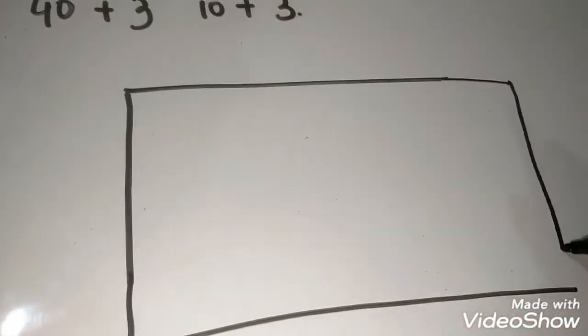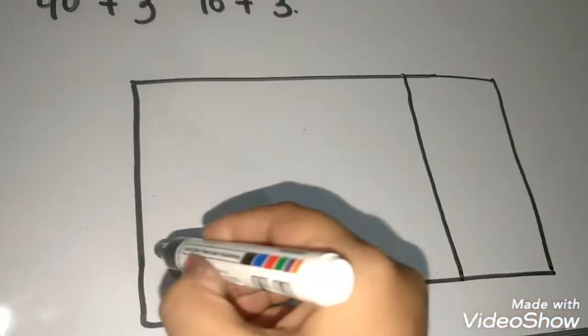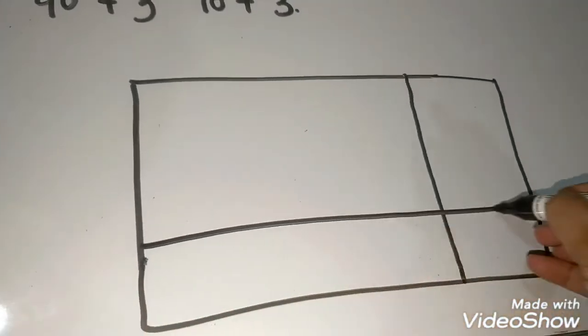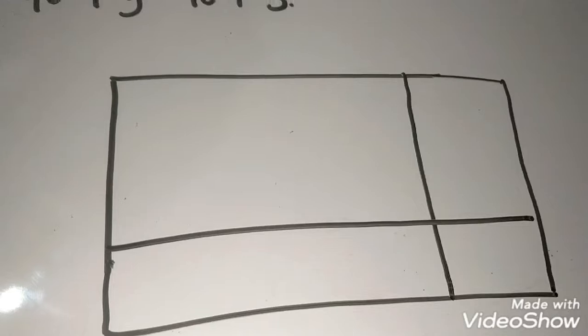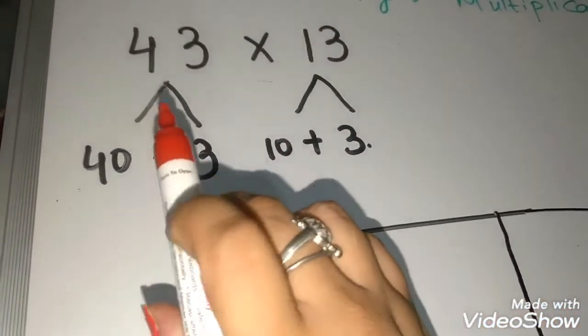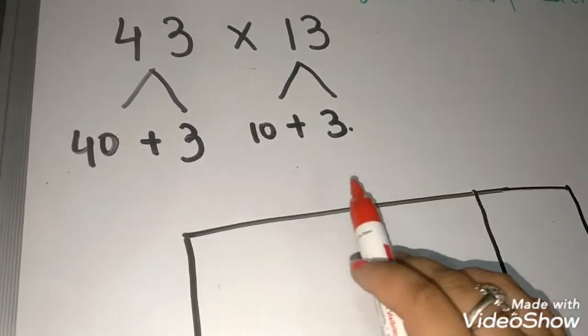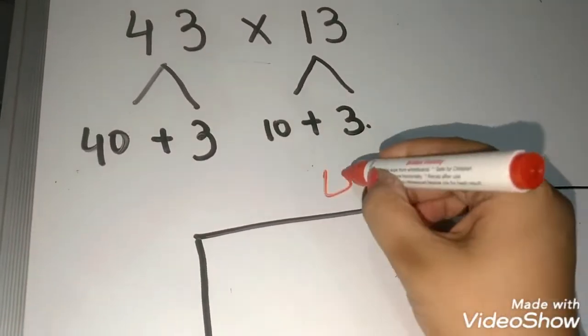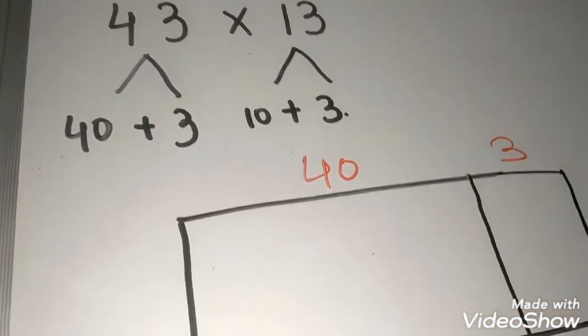First I have to make a rectangle, then 2 lines like this. Sorry. 43. 40 plus 3. First number I have to write here, 40 and 3.